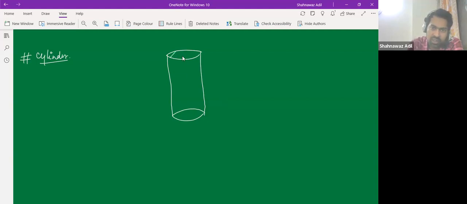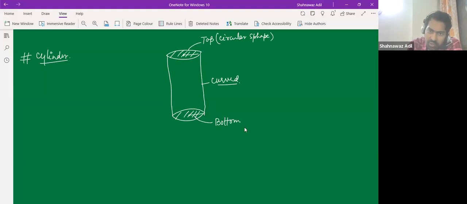So this one is the top surface, then this one is the bottom one, and this one is the curved one, right? So this is a circular shape, and this one is also circular, right? And this is the curve.